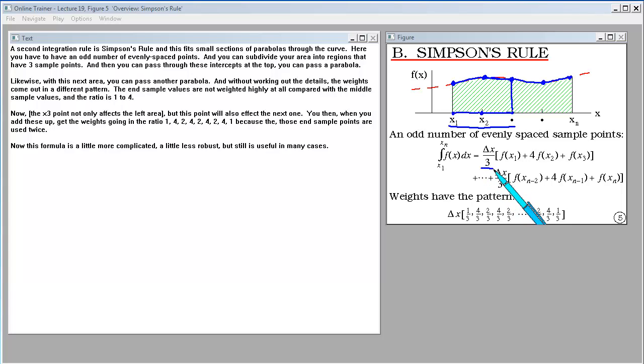The end sample values are not weighted highly at all compared with the middle sample values, and the ratio is 1 to 4.